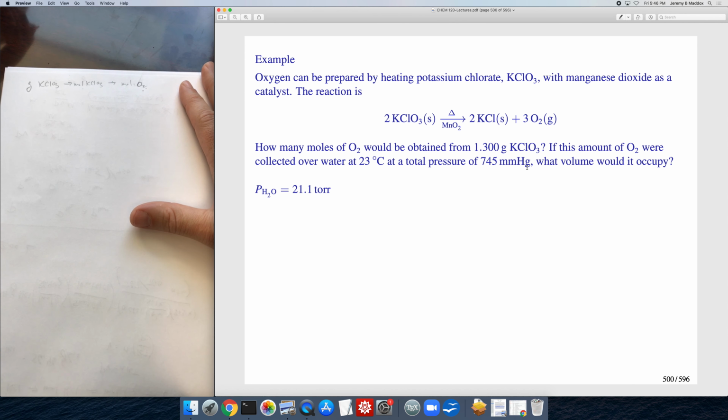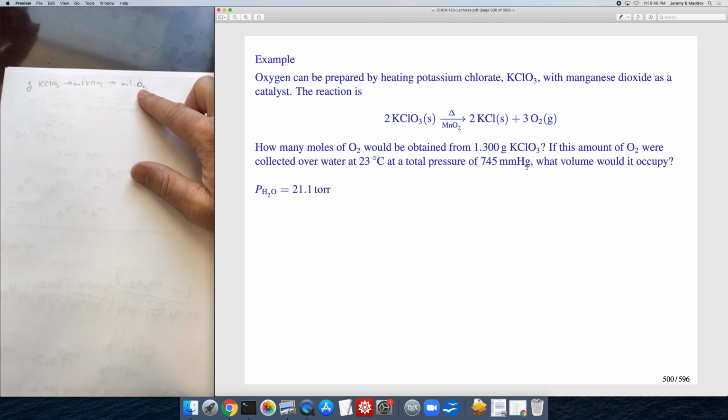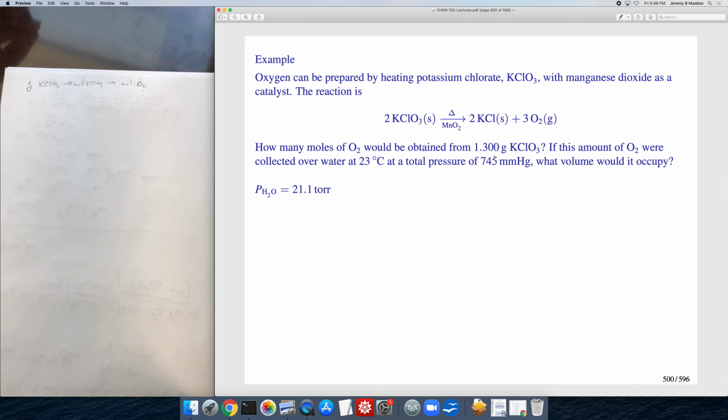And then, given that you know the number of moles of O2 and you know the total pressure, you can calculate the partial pressure of the O2 from there. So let's go ahead and do this in two steps. We'll calculate the moles first.